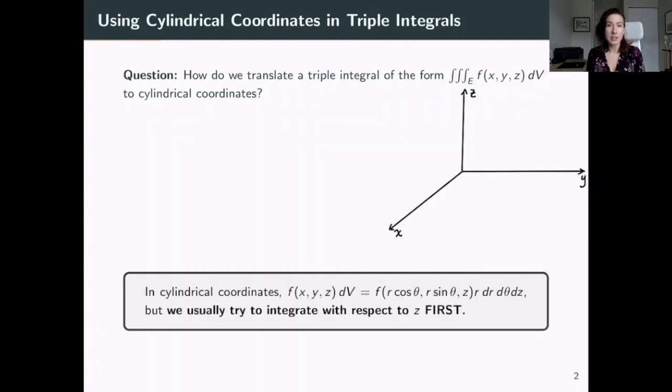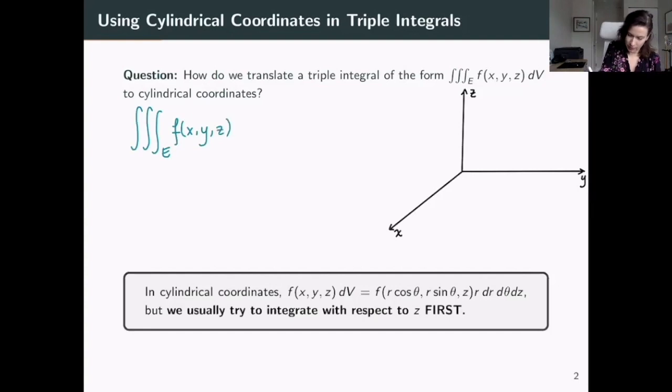Now that we have cylindrical coordinates, the question is, how do we translate this into a triple integral? We're considering a triple integral over some region E in three-dimensional space, with our multivariable function f of x, y, z, evaluated with dV.